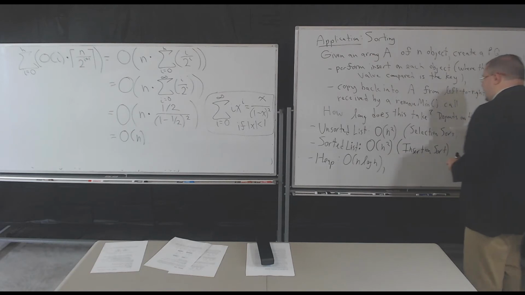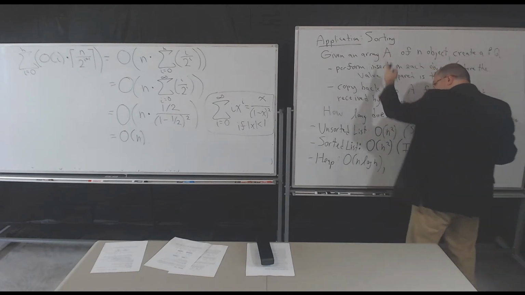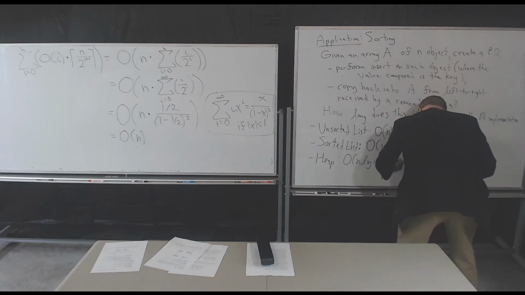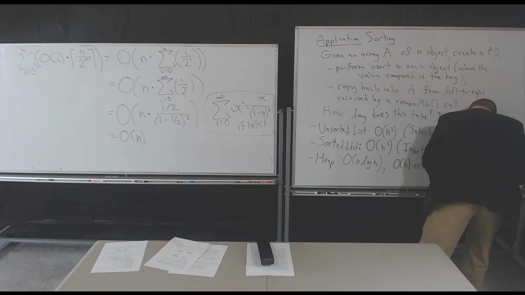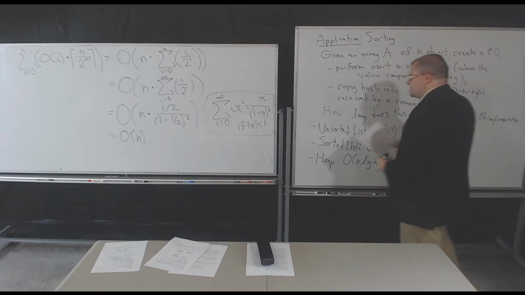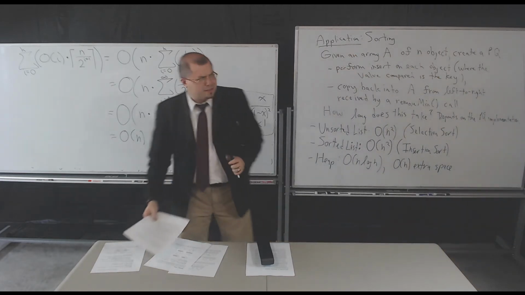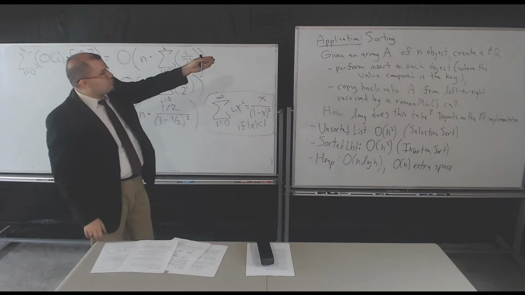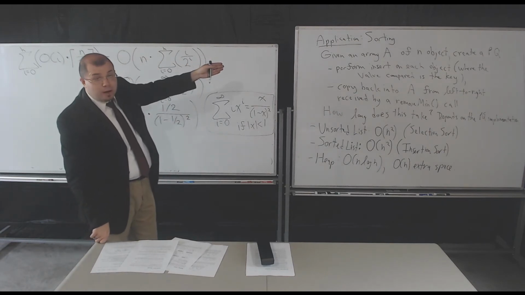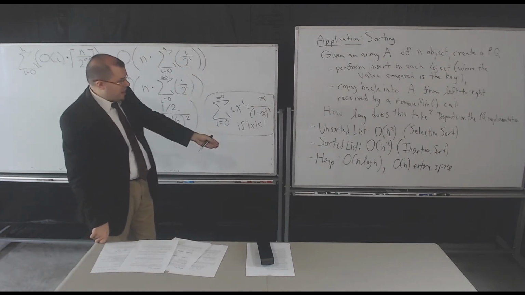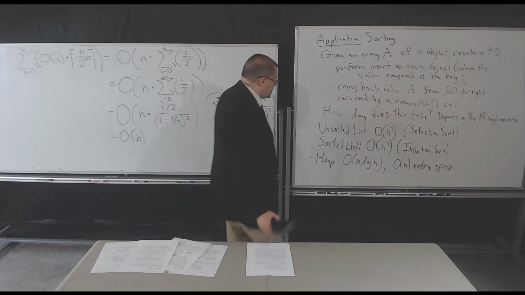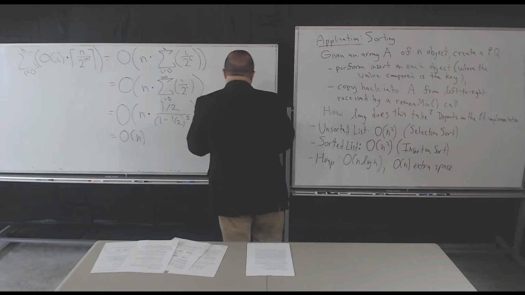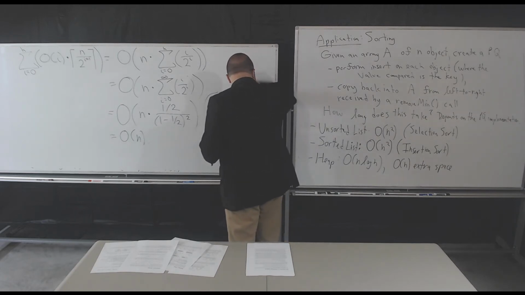All of these, when you use this scheme, will use big O of n extra space. Do you see that? I have to construct the priority queue. That's the big drawback of all three of these. I have to build the heap.